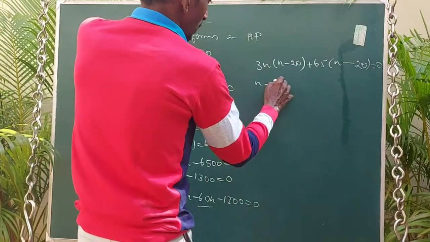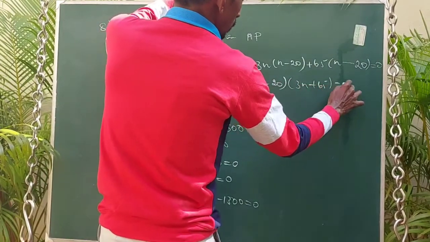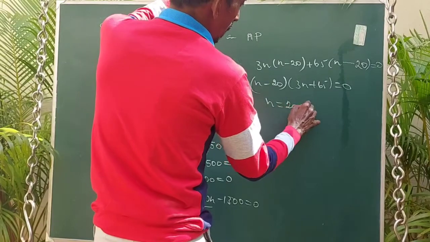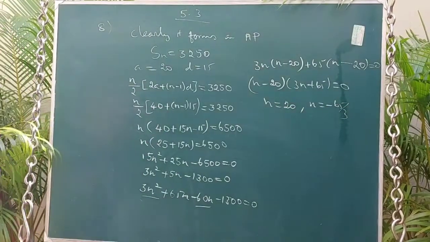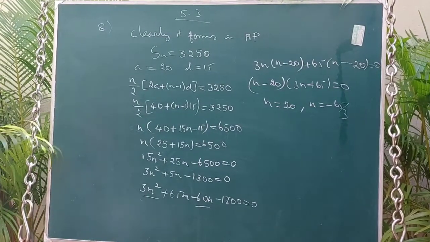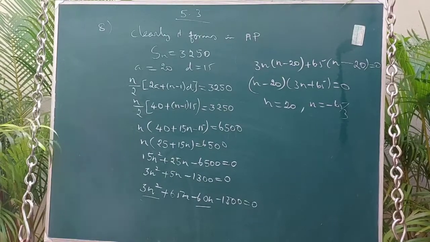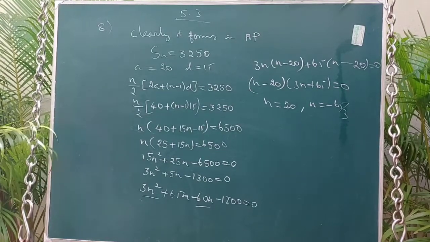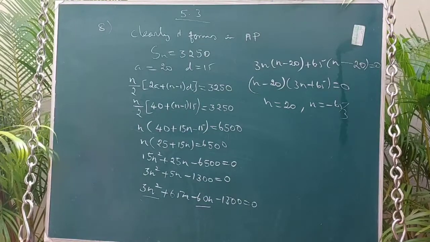If we take (n − 20) in common, we get (3n + 65)(n − 20) = 0, so n = 20 or n = −65/3. The second one is not possible, so n = 20 is the suitable answer. So the man repays the amount within 20 months. That is the final answer.